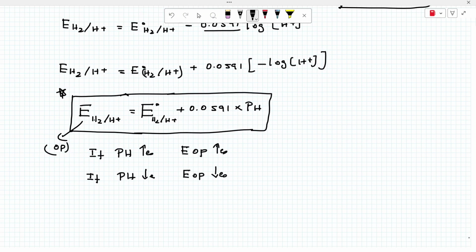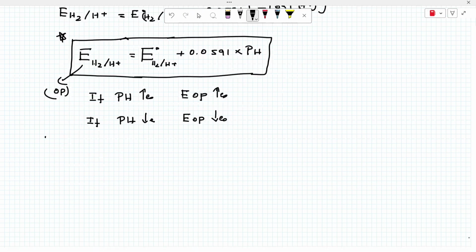Simple. Okay, if you are doing the similar concept for the cathode, what is the direct formula I'm giving? Same method.